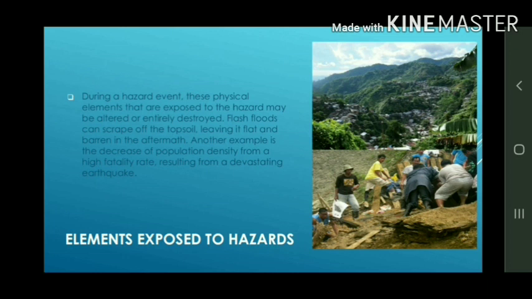So in terms of physical elements, it can change the previous structure of the soil or surroundings. The soil can be eroded or deformation may occur.